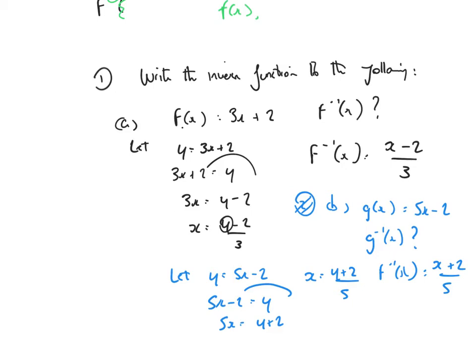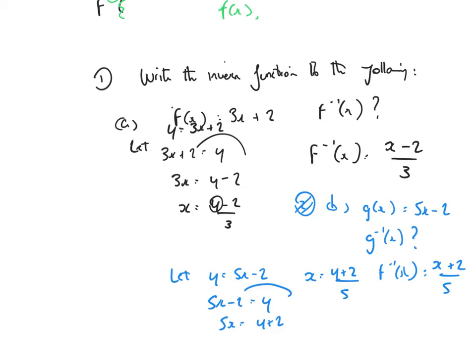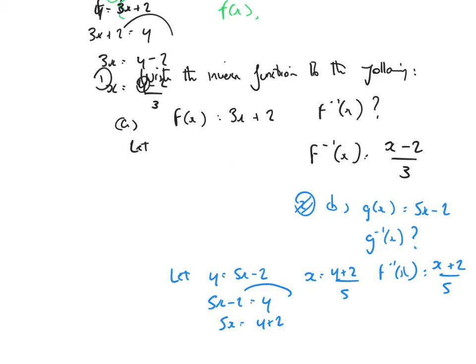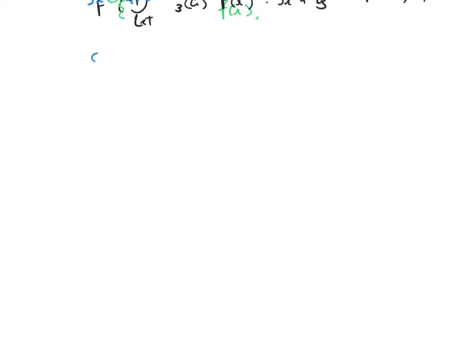Okay, let's try another few. Example C, h of x equals x squared minus 7. And we're going to find the inverse function, h to the minus 1 of x. So let y equals x squared minus 7.